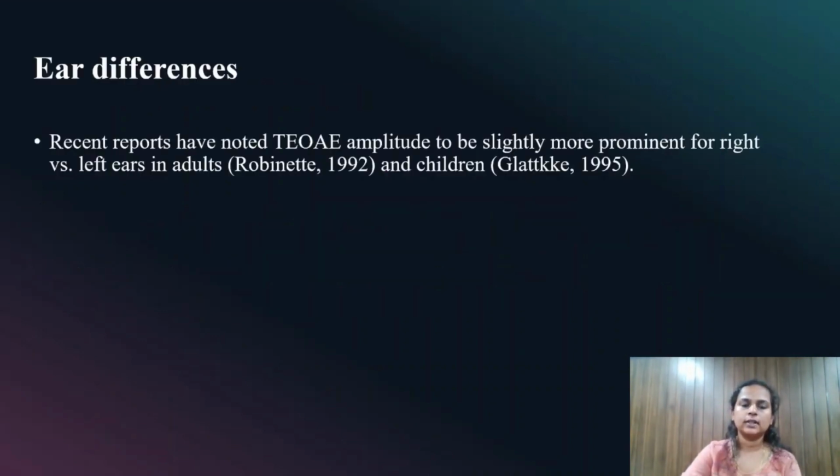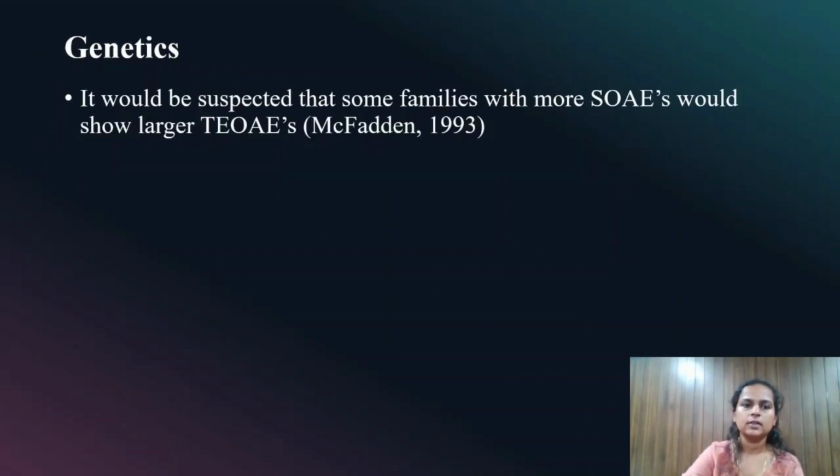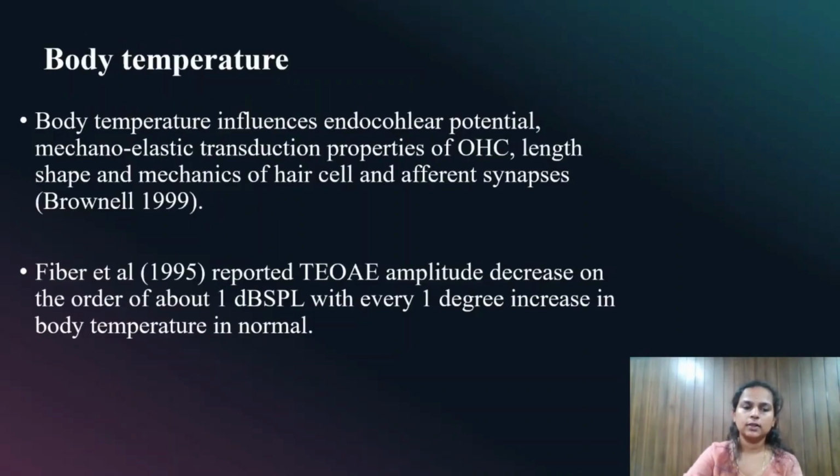Ear differences: TEOE amplitude is more prominent for the right than the left ear in adults and children. Genetics: it would be suspected that families with more SOEs would show larger TEOEs. Body temperature influences the endocochlear potential, mechanoelastic transduction properties of the outer hair cell, length, shape and mechanics of the hair cell, and afferent synapses.